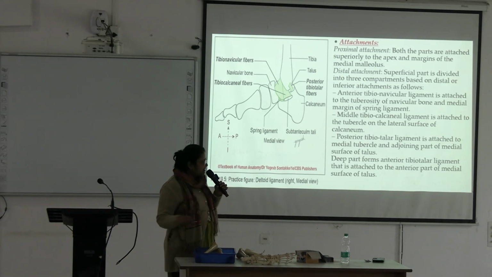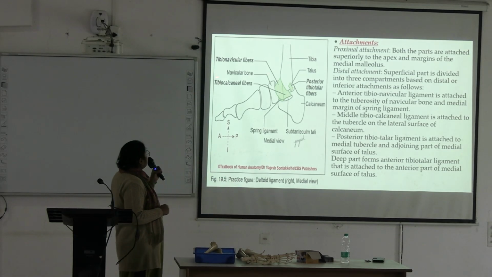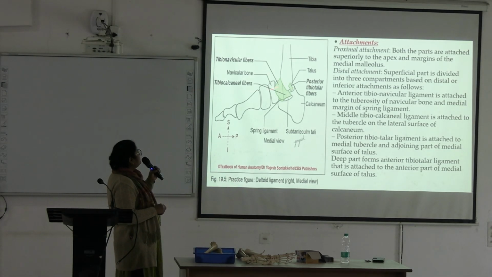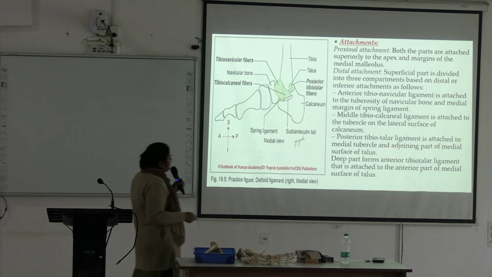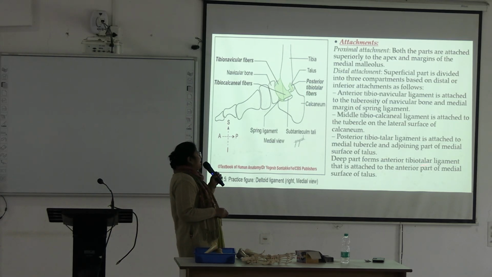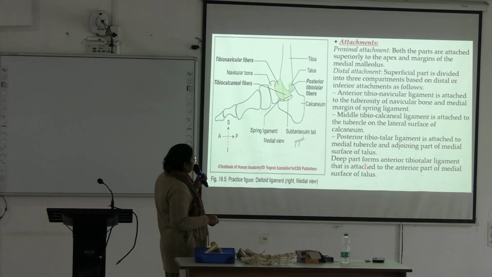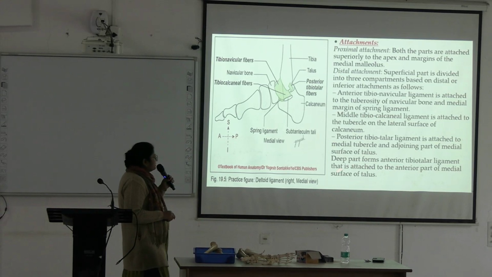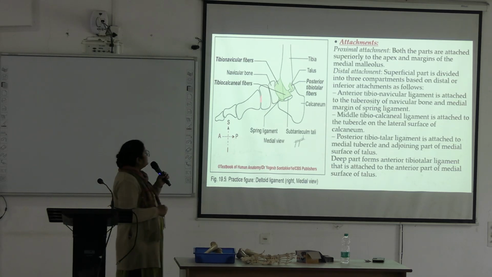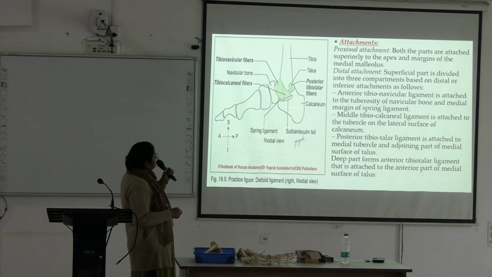Deltoid ligament is important: anteriorly tibionavicular, middle tibiocalcaneal, posteriorly tibiotalar. Next is the deep part. The deep part forms the anterior tibiotalar ligament, and this is attached to the anterior part of the medial surface of the talus. This is lying deeply, not shown here.